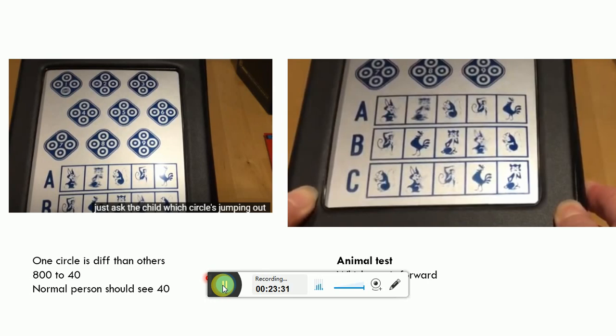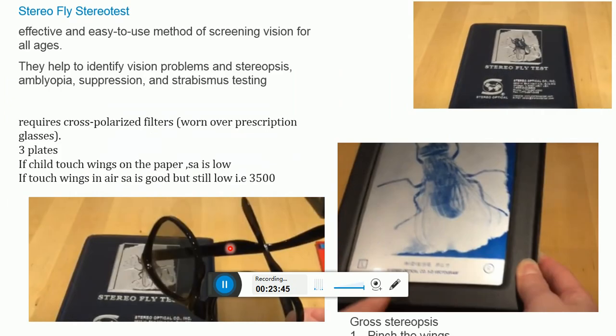So the Titmus test is used with children to detect conditions like amblyopia where stereopsis is absent. The test can be challenging for children, so the optometrist may ask them to describe the fly, touch its wings, or indicate where it stands out in space.